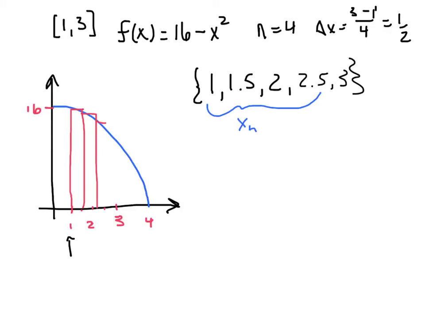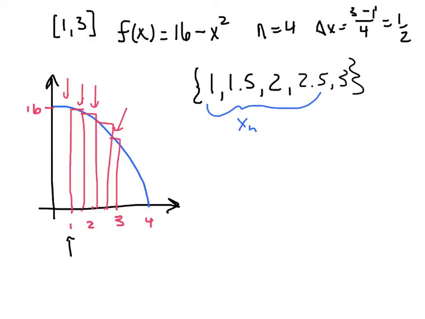This is going to be an upper estimate because every single one of our rectangles is going to be outside of our box. So we have 4 rectangles, and we're going to use the left-hand value to figure out the height of each of those rectangles. Oops, this one really should point here. Okay.